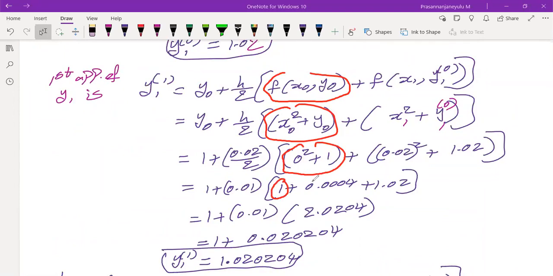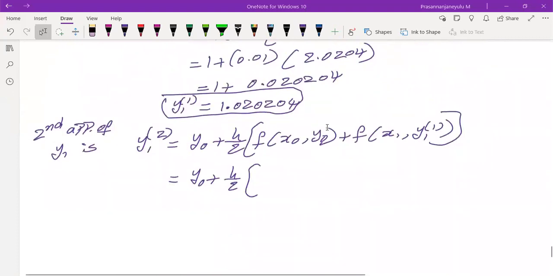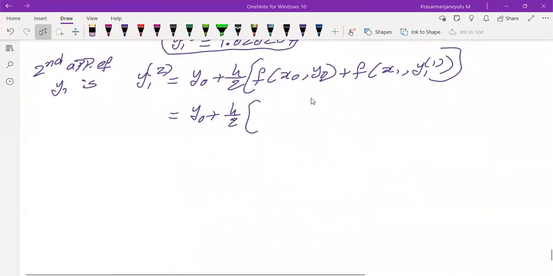So I am going to use 1 directly from here onwards whenever we require f of x naught comma y naught. So substituting directly 1, no problem.